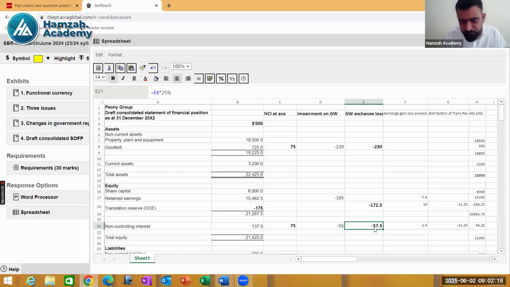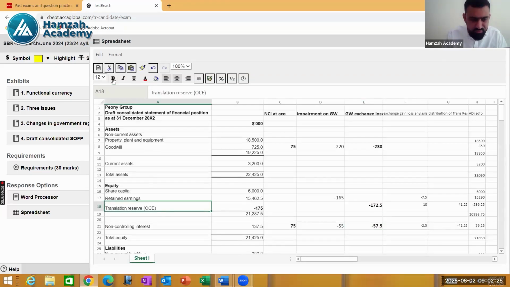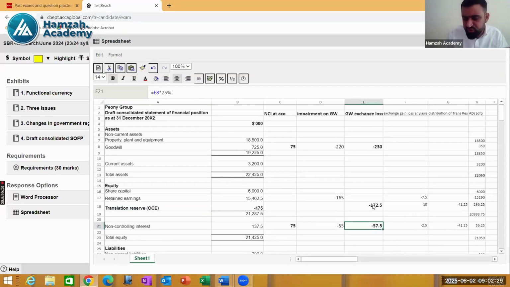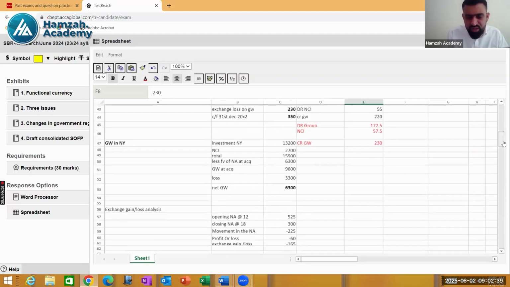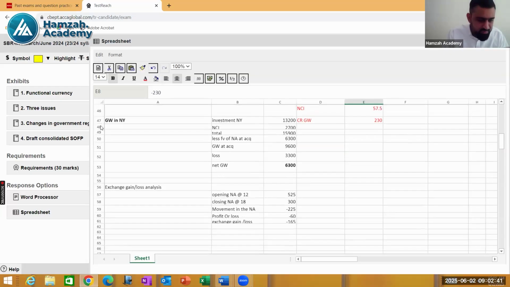So 75% against the translation reserve and 25% against the NCI. These both accounts are debited and goodwill is credited by 230. So here we have concluded the goodwill.